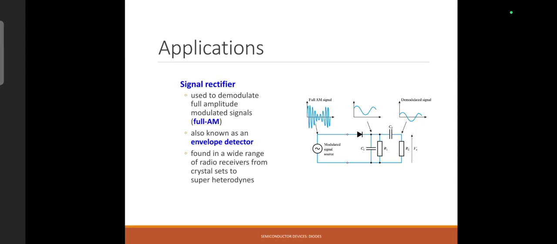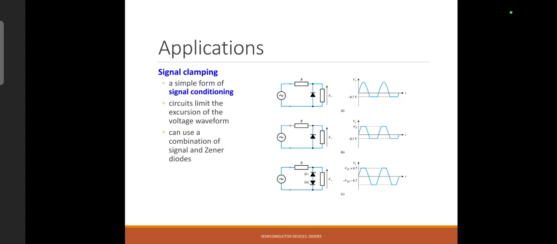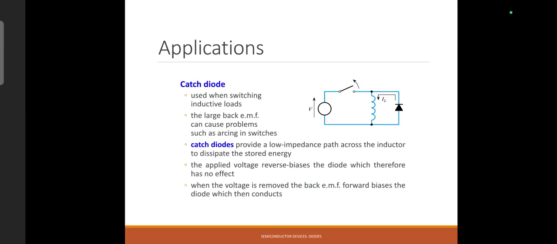Clamping circuits normally shift the voltage level of a signal without changing its shape. These circuits use ordinary diodes or Zener diodes, and are commonly found in communication and digital electronic systems. So these are some circuit illustrations for clamping.